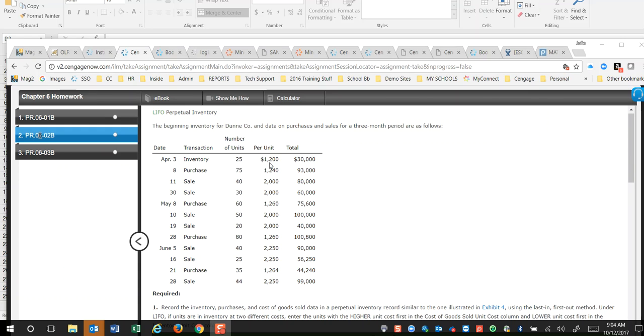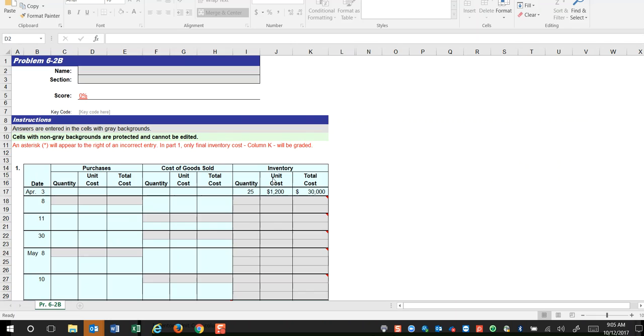The next thing I'm going to do is enter the purchase for 75 units at $1,240, and then the total cost. They gave this to us, so this is not anything too important, but I am going to now transfer that over to the next column.